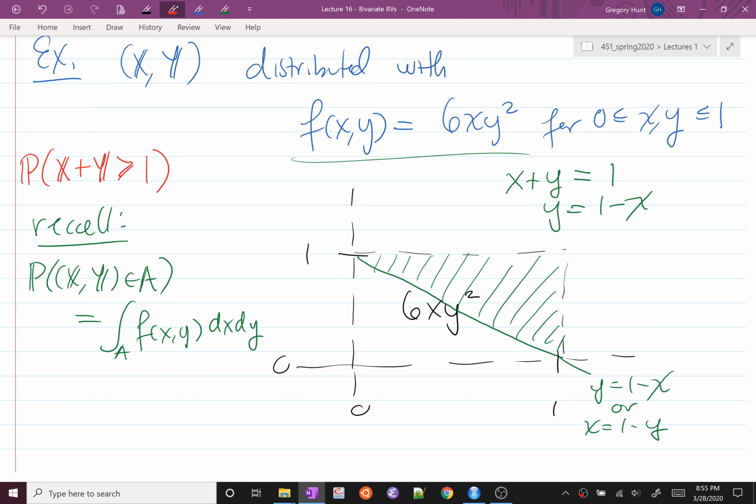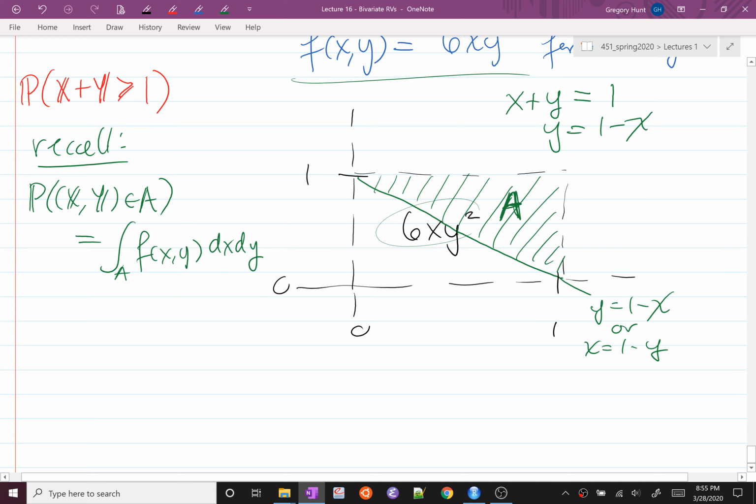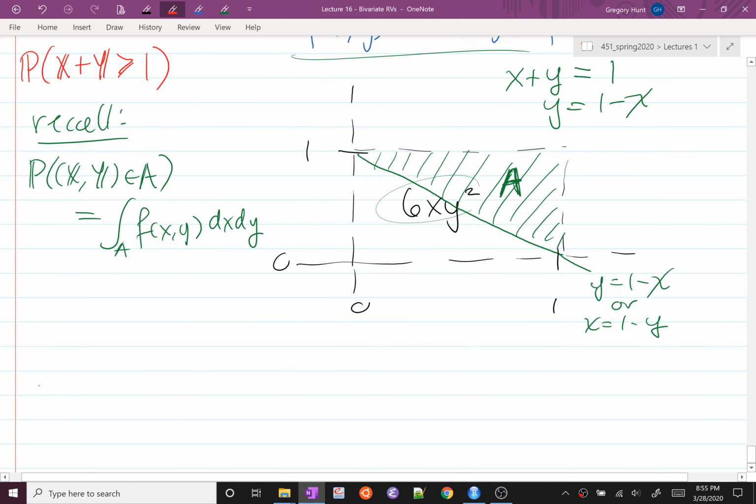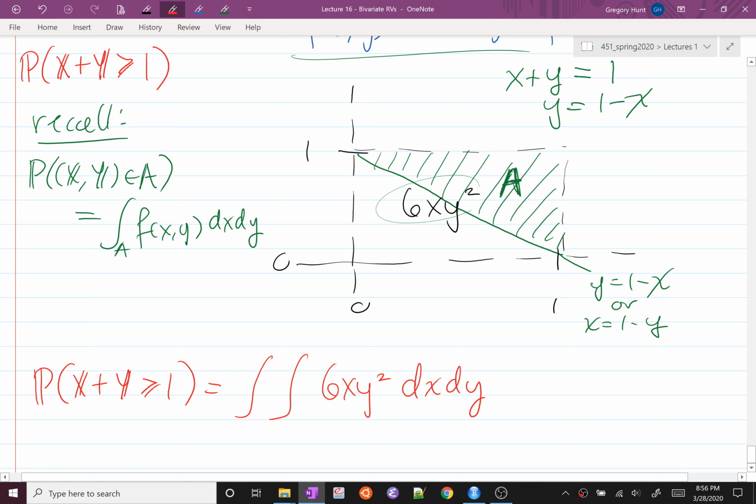So all we need to do now, this is just a Calc 3 problem, is here's my area A, which I've drawn in green here. I need to integrate the function 6xy squared over A. So I can write that the probability that x plus y is bigger than or equal to 1 is some double integral of 6xy squared, integrated with respect to our two variables, x and y.